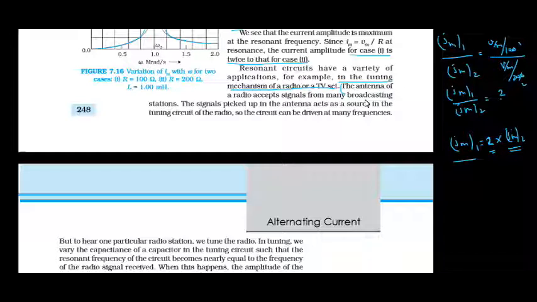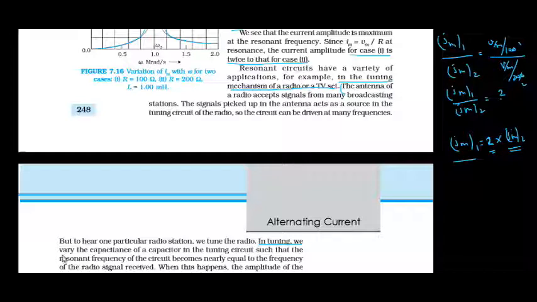How does it happen? By varying the capacitance of the capacitor, such that the resonant frequency of the circuit becomes equal to the frequency of the radio signal received. This is the main thing that is happening.